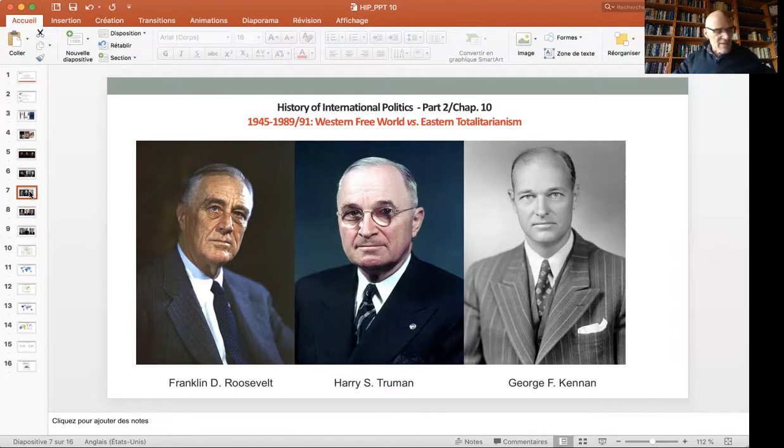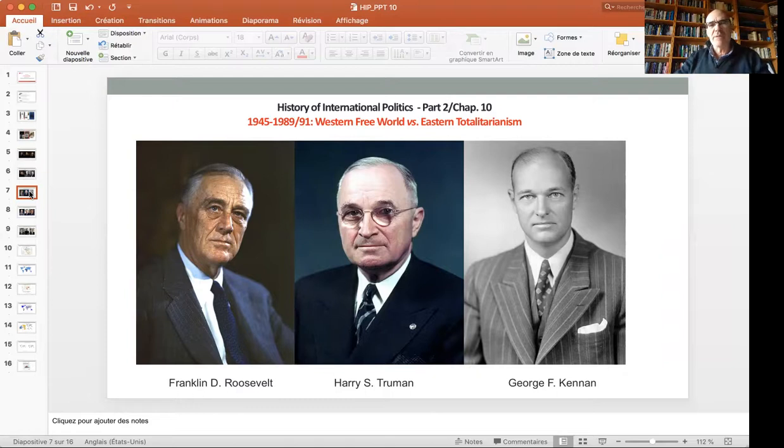Franklin Delano Roosevelt's aim was to promote and to make possible the Wilsonian ideal of a liberal democratic post-World War II order, based on the principles, of course, of freedom, of self-determination in domestic affairs, based on free trade and the abandonment of the use of force in international affairs.